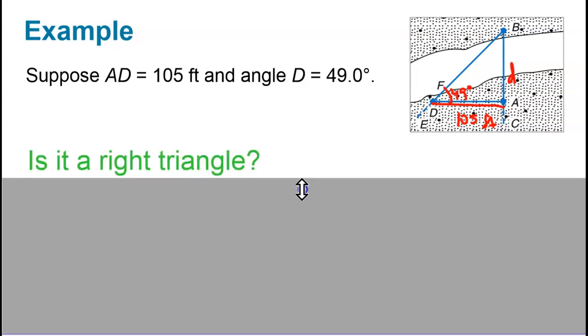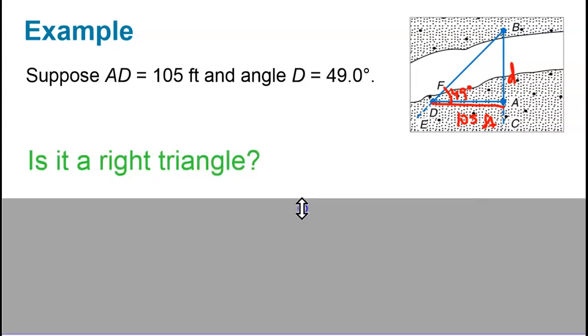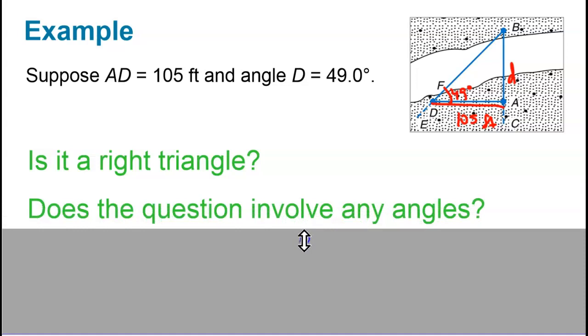Is this a right angle? Yes. Does the problem have angles? Yes. So if it has angles, we know we're going to be using some sort of trigonometric ratio. I just said that line D is opposite the angle, and 105 feet is adjacent to the angle.